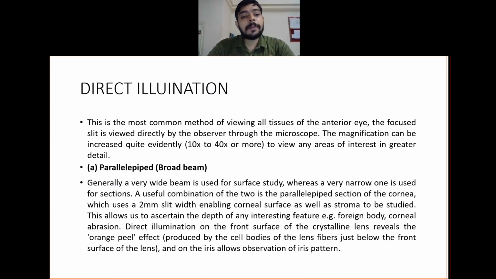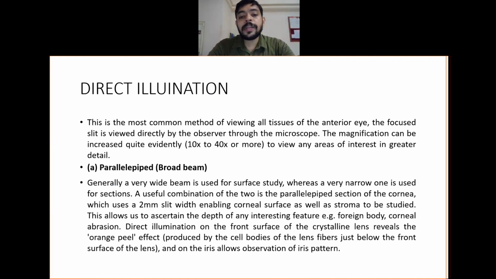Then the next one will be parallelopiped, or it is also known as a broad beam. Generally a very wide beam is used for surface study, whereas a very narrow one is used for sections. So parallelopiped is usually used to study the surfaces.